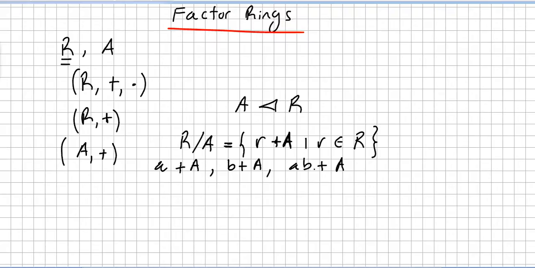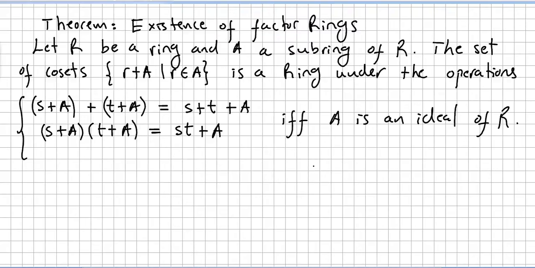So we get into the next theorem, about the existence of factor rings. Let R be a ring and A a subring of the ring R. The set of cosets r plus A, where r is in the ring, no, there is a mistake here, I'm sorry for this.